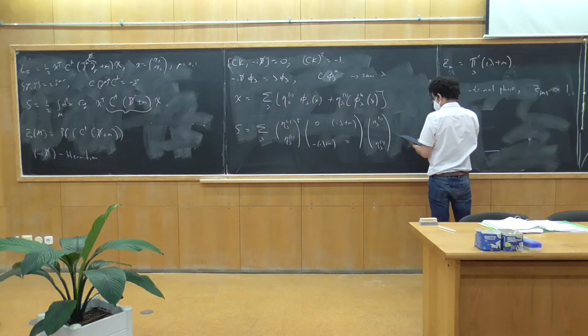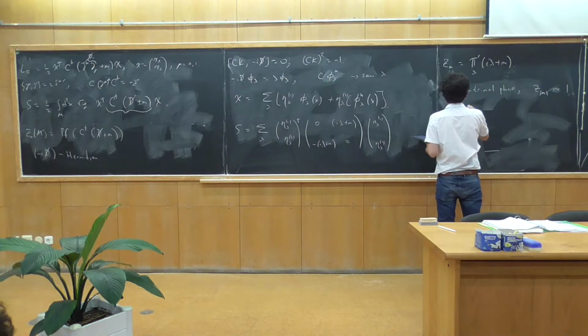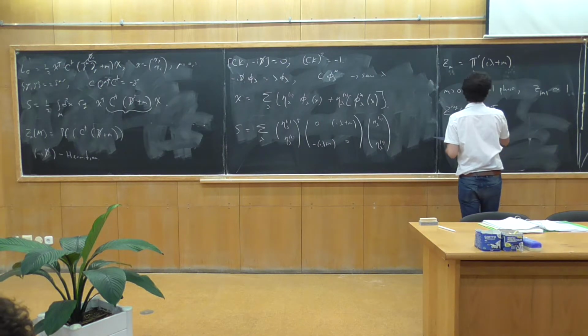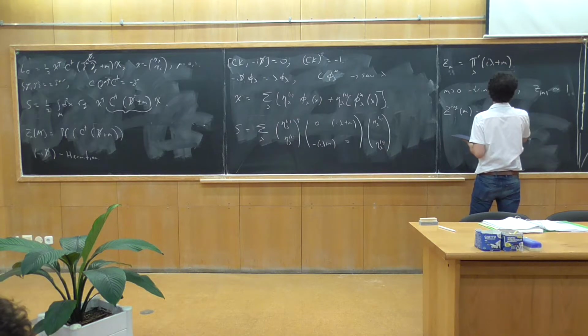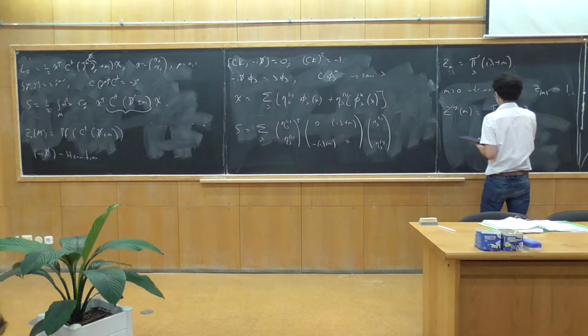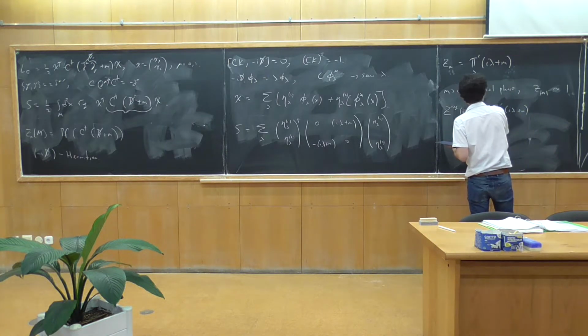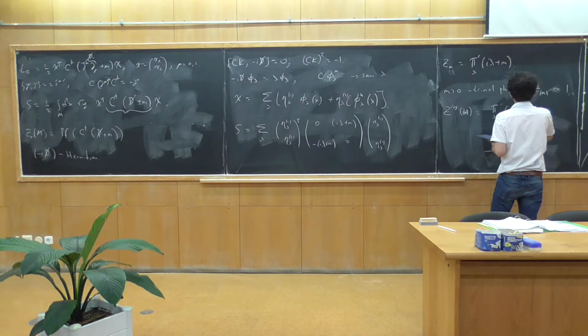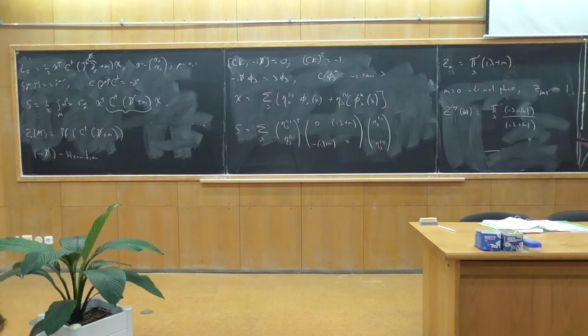So consider Z regularized of M, the product over lambda of the ratio of the partition function at negative mass to that at positive mass. Very nice.